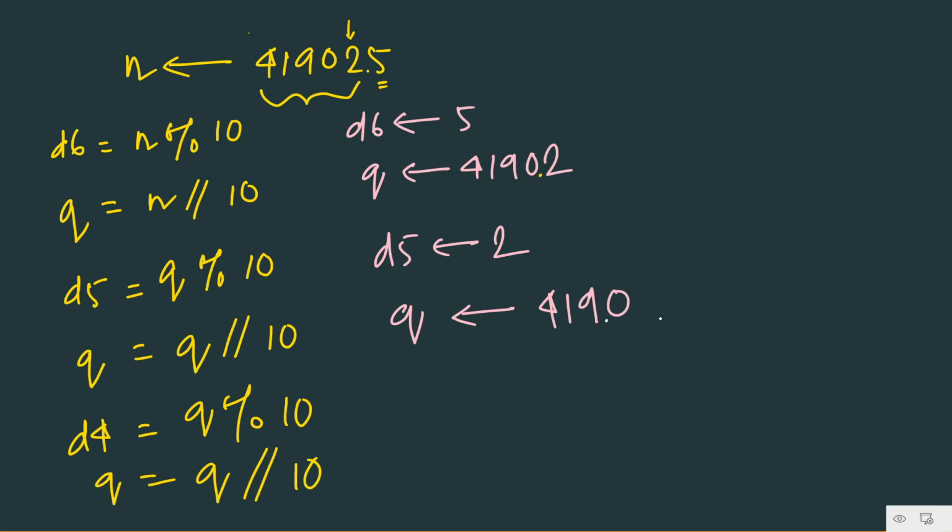Your remainder is 0, and that's your fourth digit. D4 has 0, and the variable q is updated. q now contains 419. And you keep going. All you do is a modulo 10 and then divide by 10, and you'll end up isolating all the individual digits.